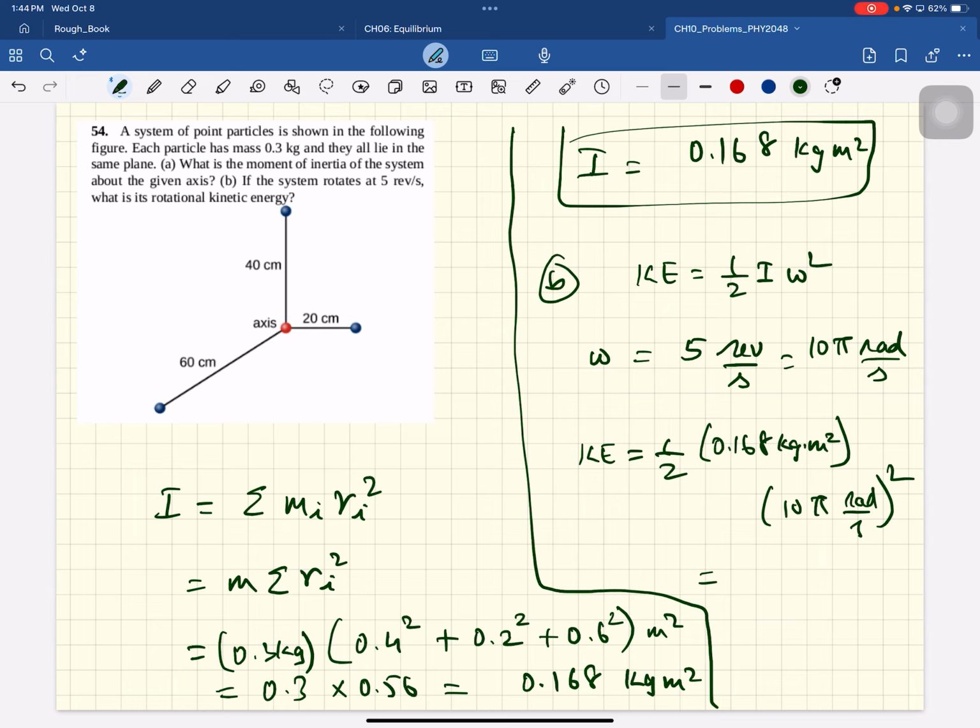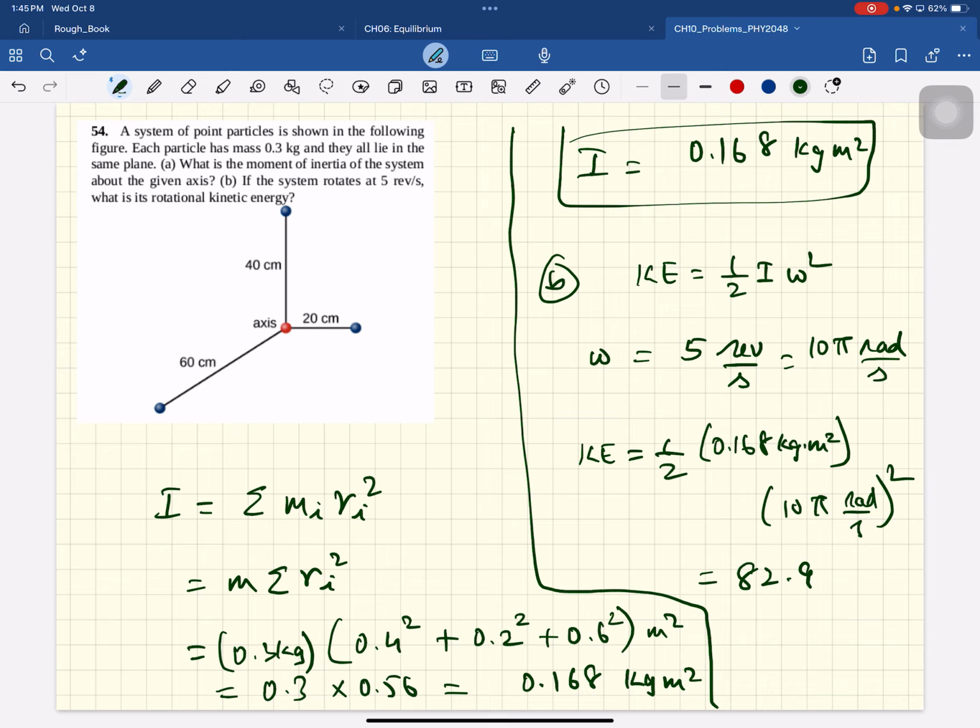All right, so this works out too. And what are the units for kinetic energy?